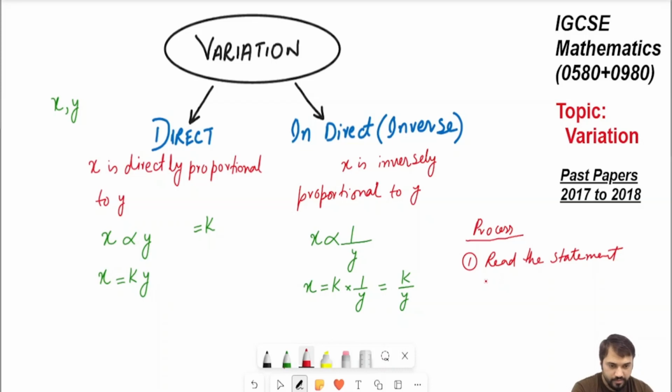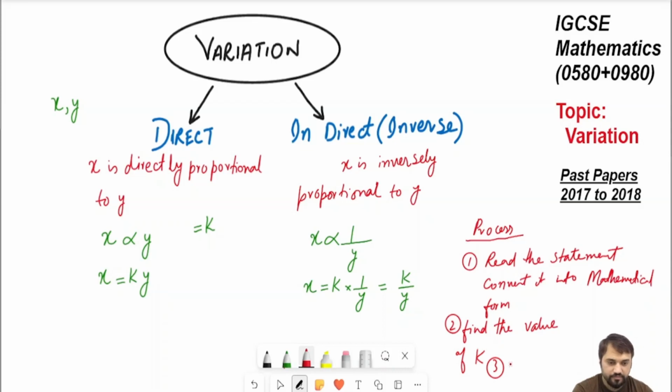So read the statement very carefully and convert the statement into mathematical form. So this is our first point. The second one is find the value of k, or the constant that is involved. In third step, we will deal with the rest of the statement.